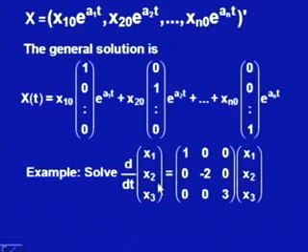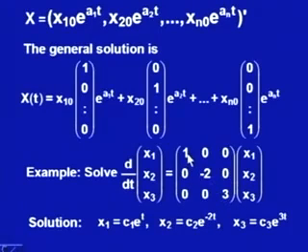We illustrate this with an example. Suppose I have a 3 by 3 system: d by dt of x1, x2, x3 is equal to this diagonal matrix multiplied by the column vector x1, x2, x3. So, let us solve this system.